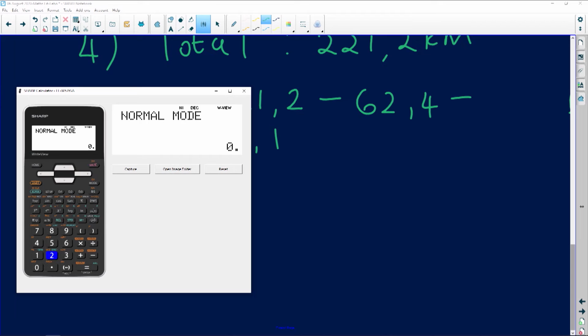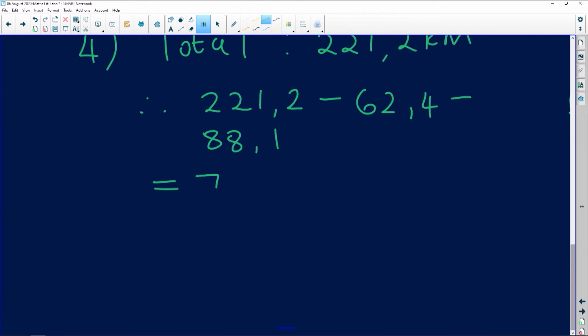So 221.2 minus 62.4 minus 88.1. That gives us 70 and then a fraction. We don't want that fraction happening over there unless we were told that our answer should be as a fraction. Change. 70.7 kilometers. So we know now that the distance between those two is 70 kilometers.